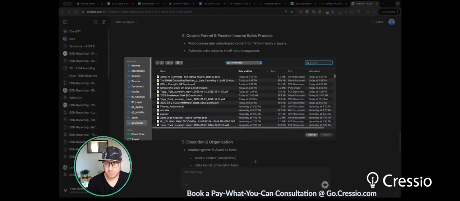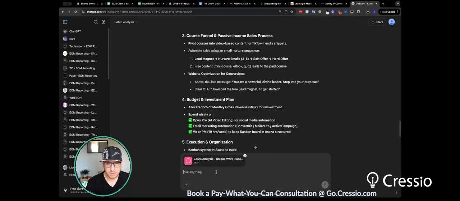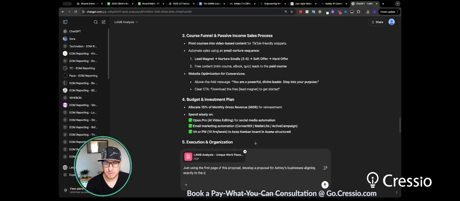So I'm going to go to one of my other clients here, and I'm going to say, just using the first page of this proposal, develop a proposal for Ashley's businesses, aligning exactly to the sections on the first page, but with the context of her businesses.